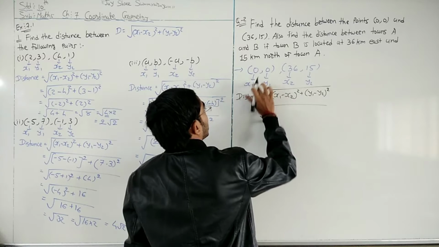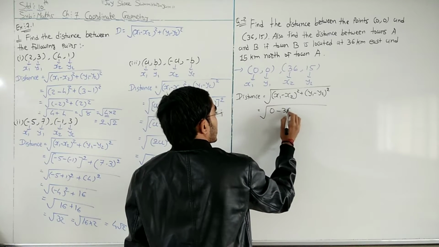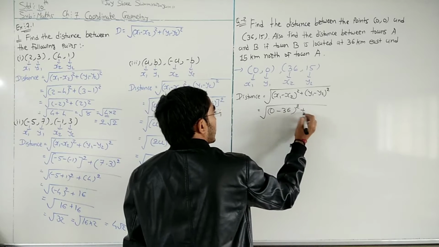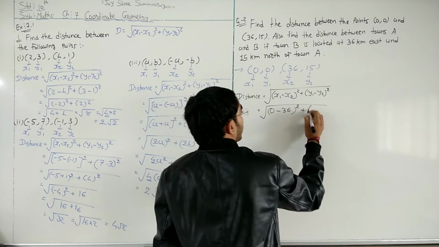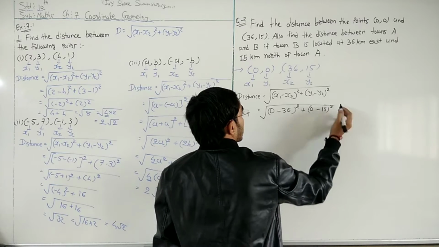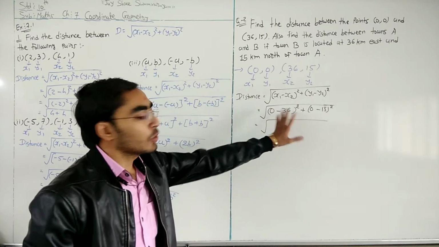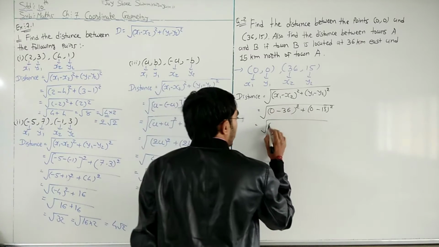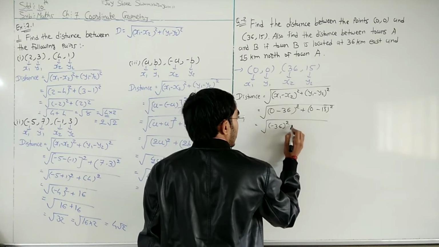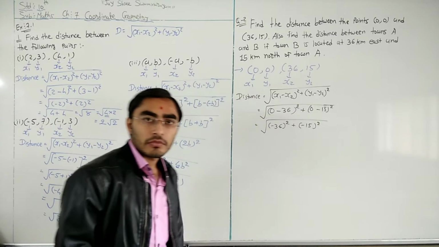Now our x1 is 0 minus x2 36 whole square, y1 is 0, y2 is 15. Now here 0 minus 36 only, 0 minus 15, minus 15 all square.